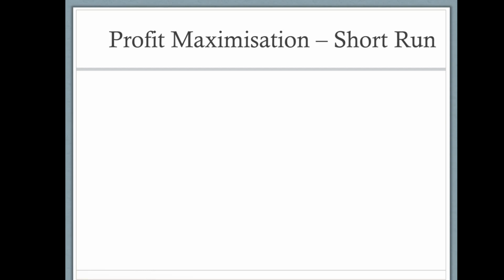How do they do profit maximization? We are going to explain the details of the short run later. Basically, you just have to assume right now we are in a very short period of time. If you are a firm in perfect competition, in a very short period of time, how do you do profit maximization?